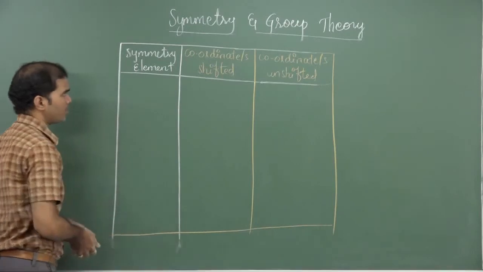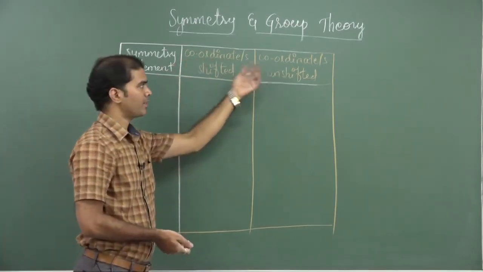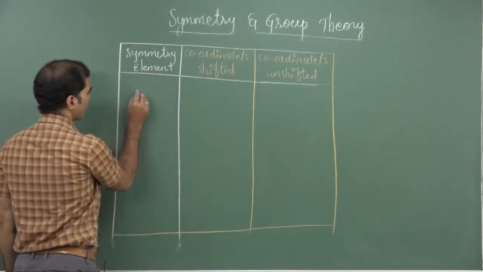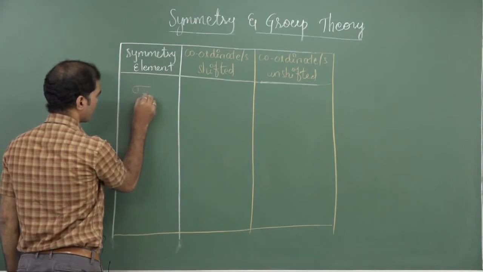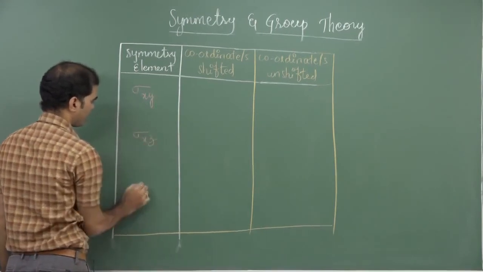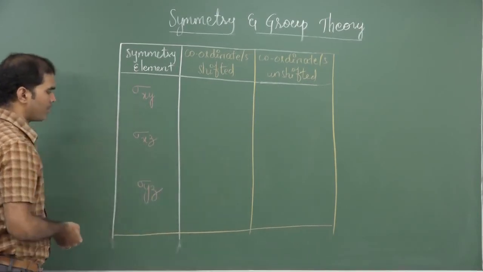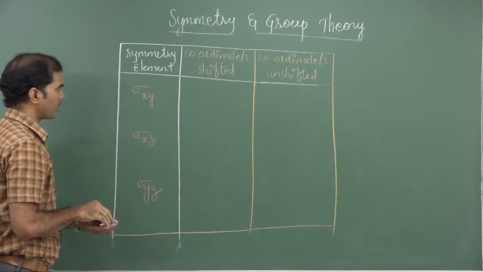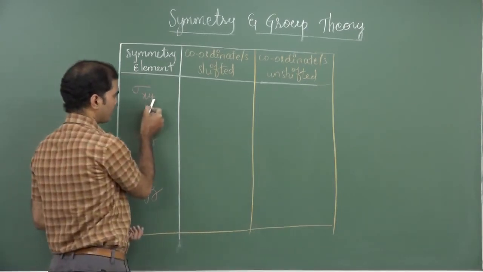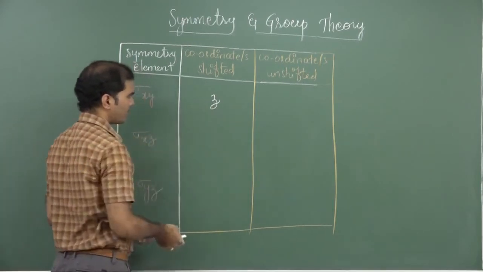Right, now here we have the symmetry element, which are the coordinates that are shifting and which are the coordinates that are unshifted. We are taking planes sigma xy, sigma xz and sigma yz. So which coordinates are being shifted? For xy, x and y do not shift, z will shift.